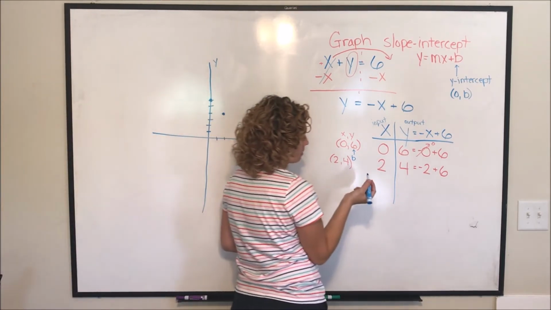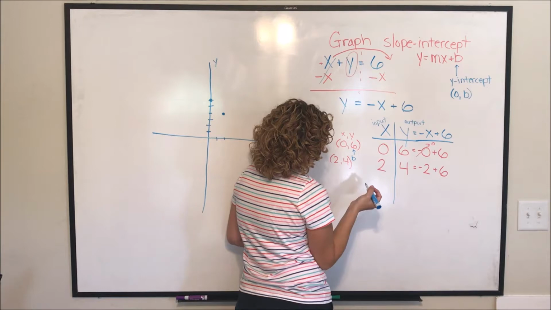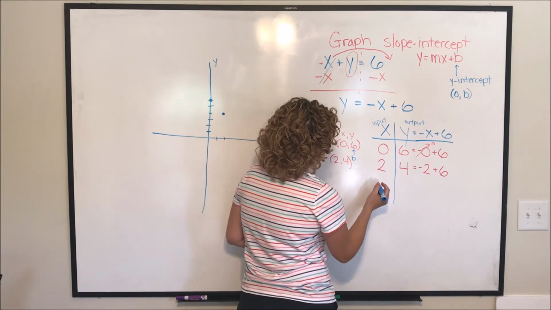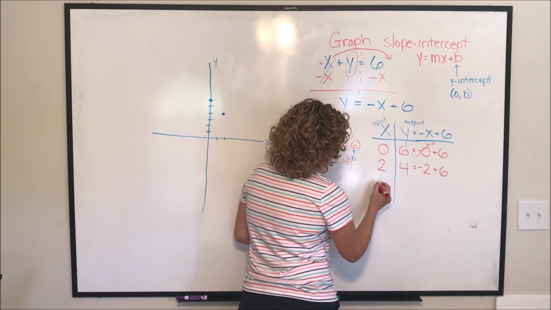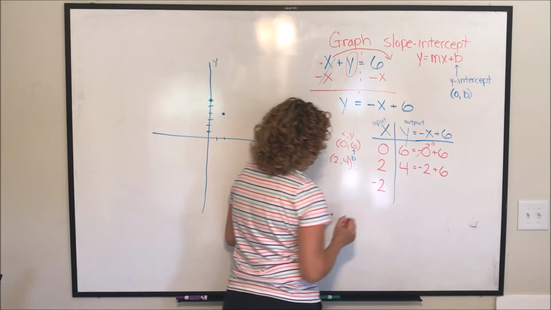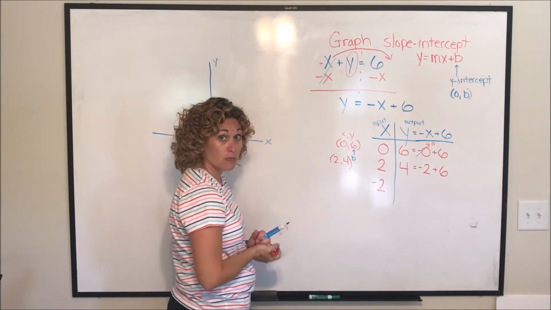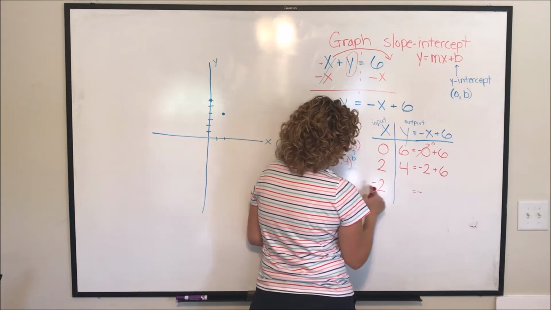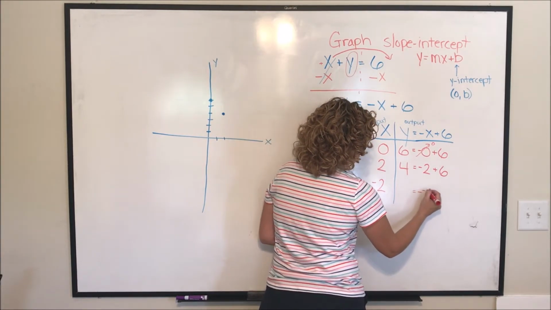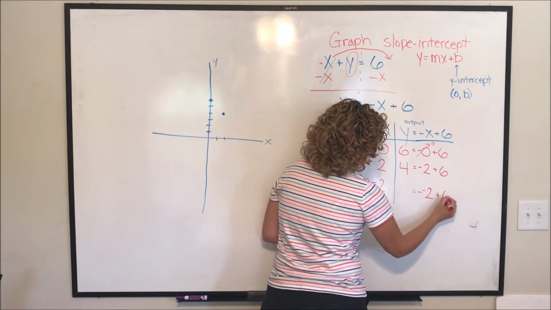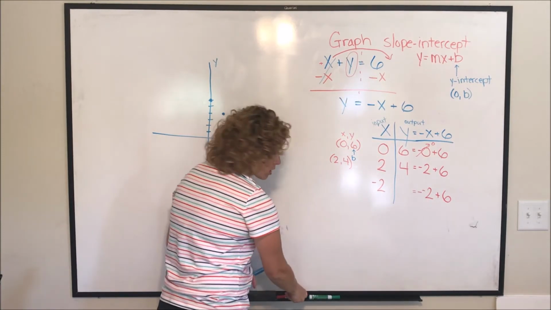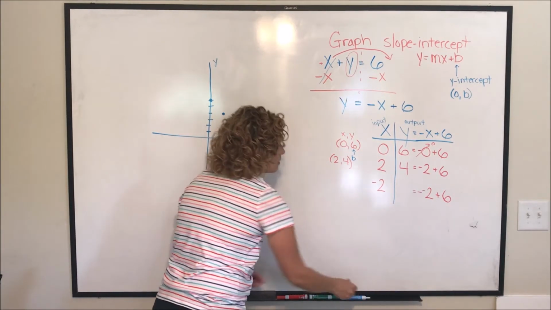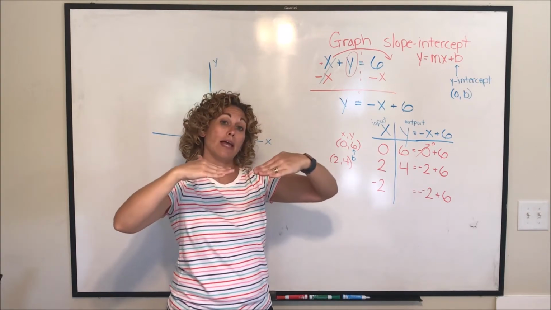I'm actually going to pick -2 to get some practice with negatives. So this says a negative, my x value, -2 plus 6. Now we've talked about this previously. 2 negatives are like a magnet.